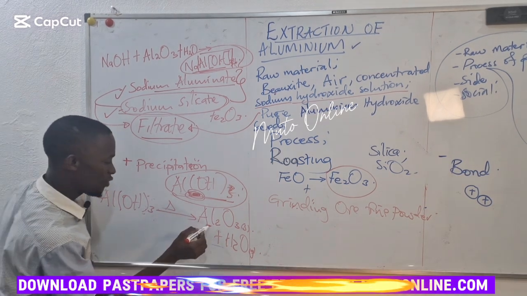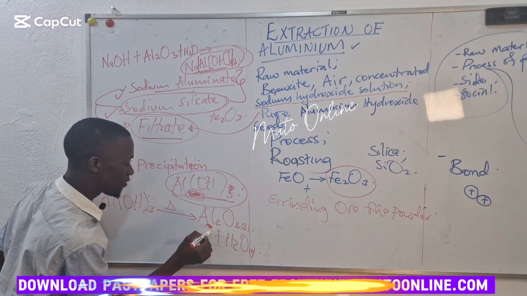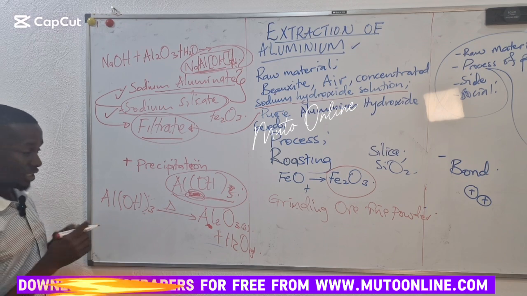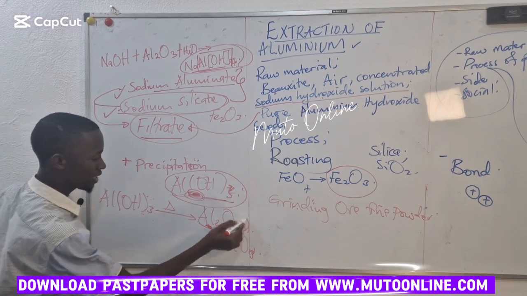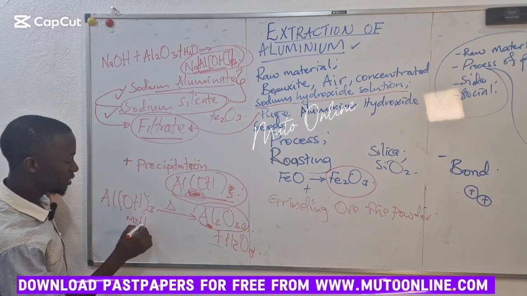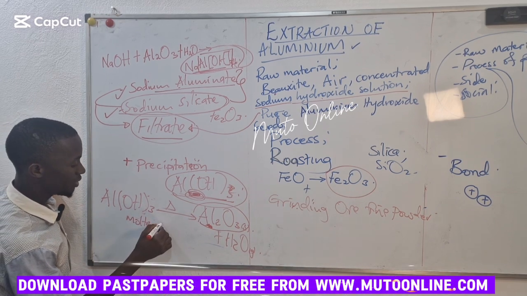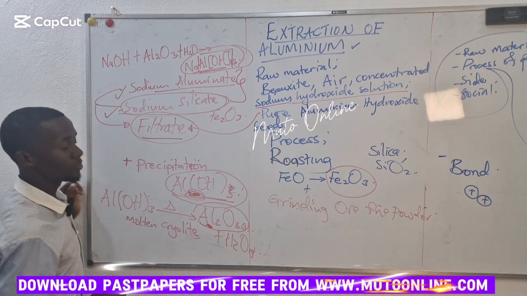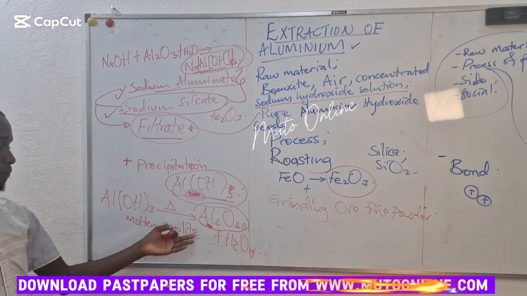So to obtain aluminium free from the other attached elements, this aluminium oxide formed is dissolved in molten cryolite.